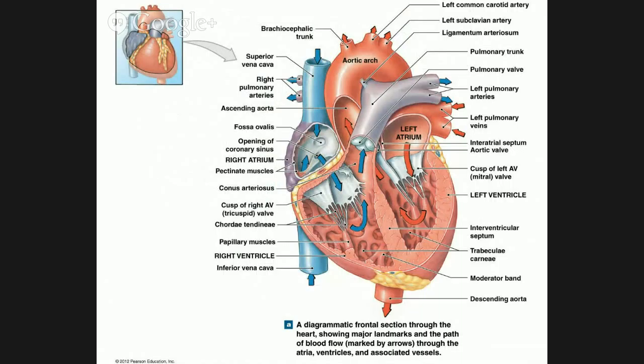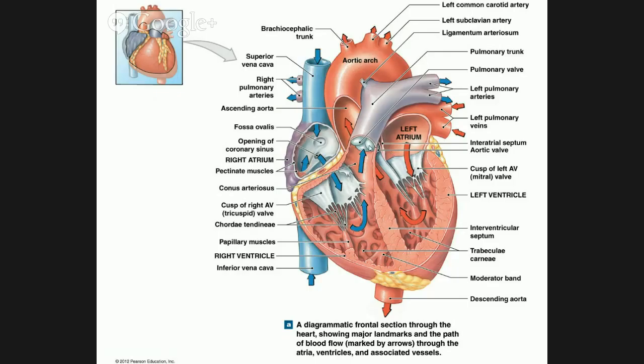These little lines coming off of the edges of the cusps of the valve are called chordae tendineae, which is just Latin for tendinous cord, which is how I'll tend to refer to them. And so these little tendons attach the edge of the valve to muscles in the ventricular wall. And so we see that for the tricuspid valve over here and for the mitral valve over here.